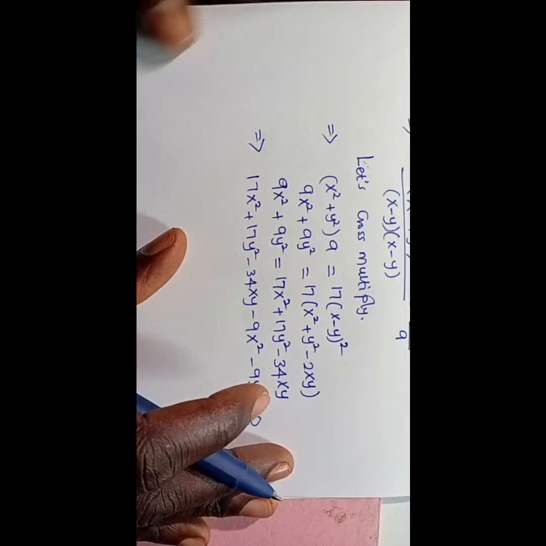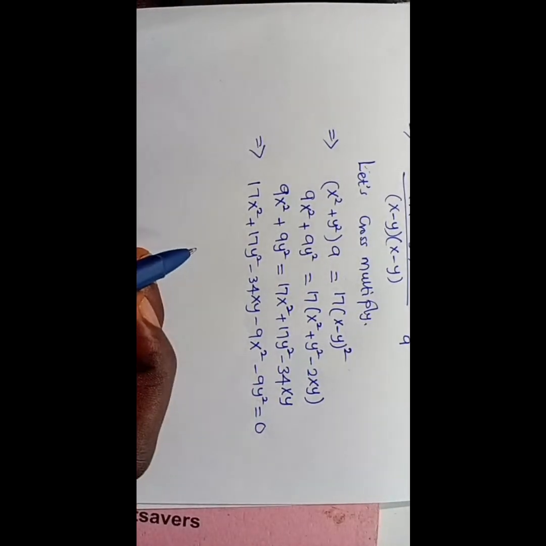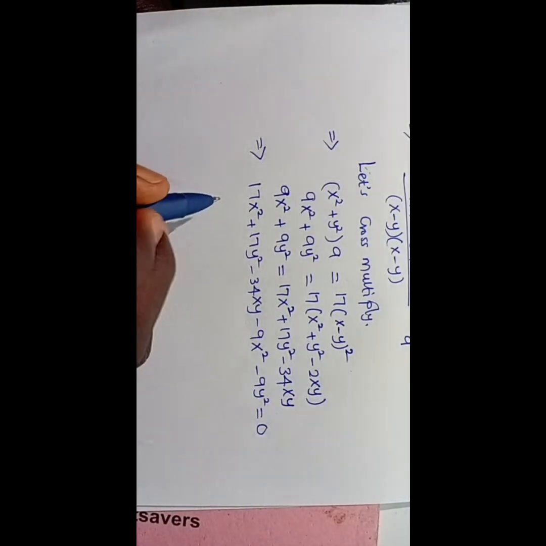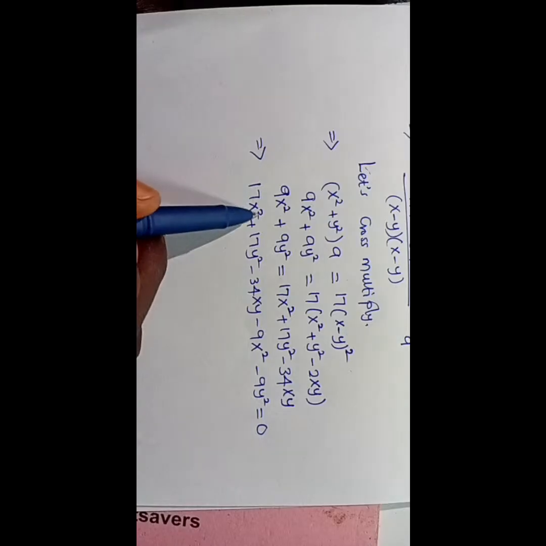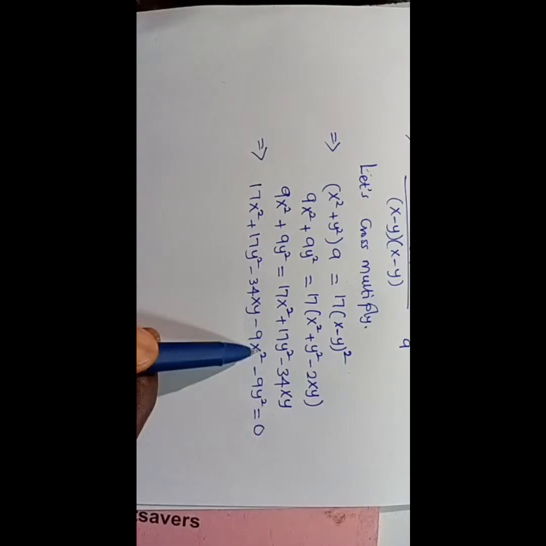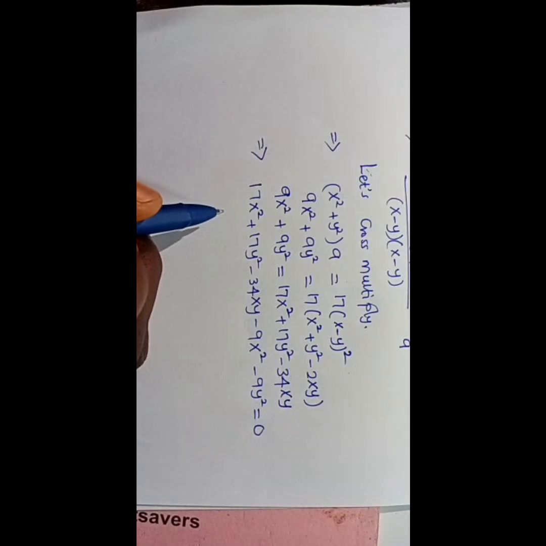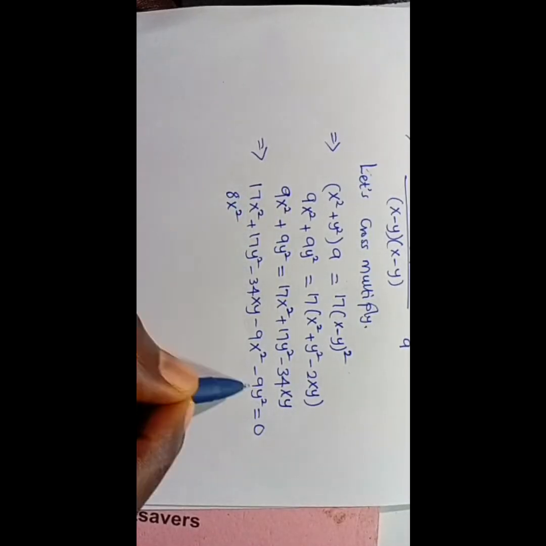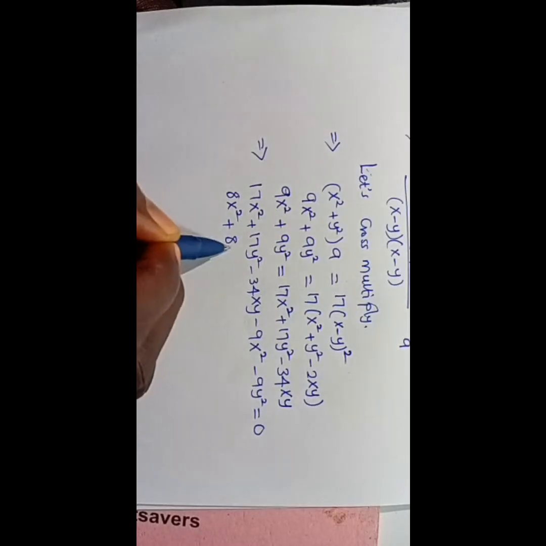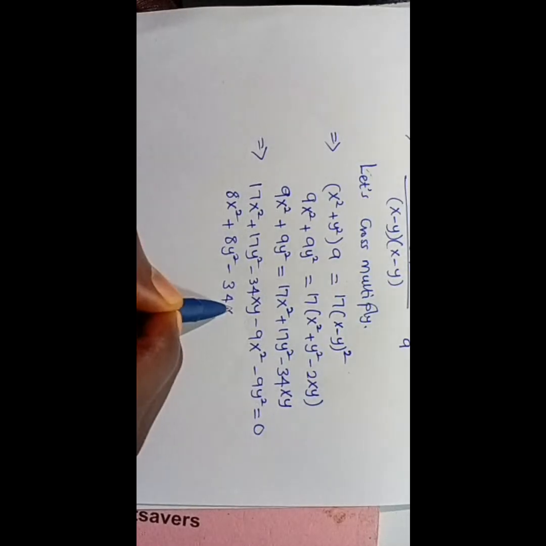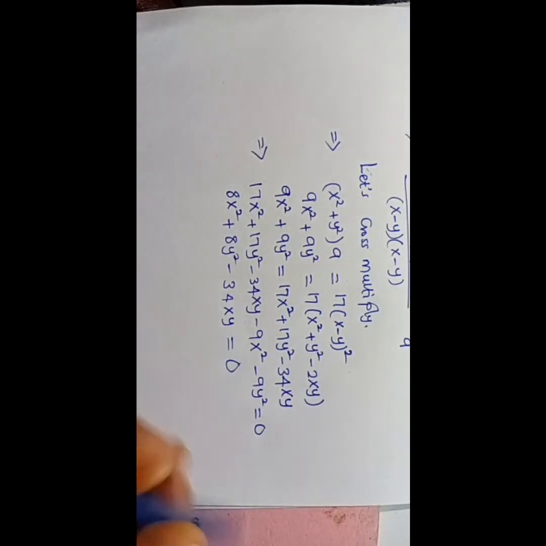Then from here, 17x² minus 9x² will give us 8x², and this and this will give us plus 8y², then minus 34xy equals 0.